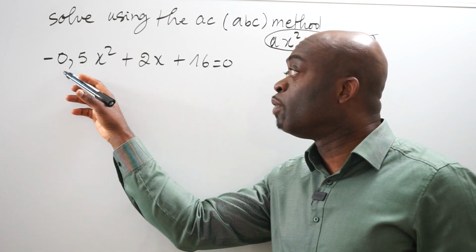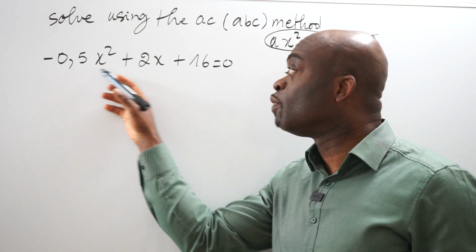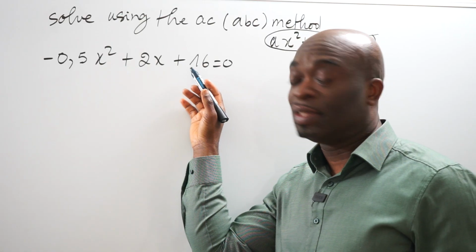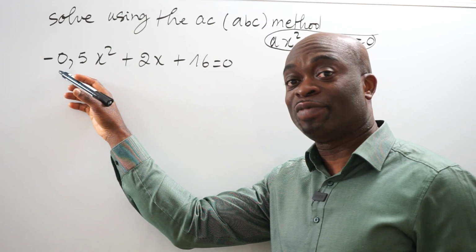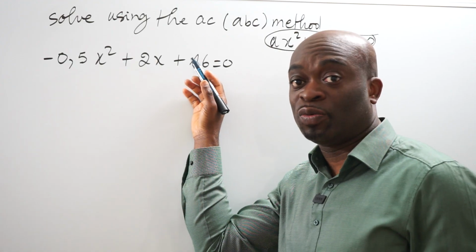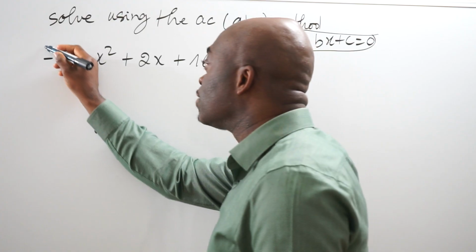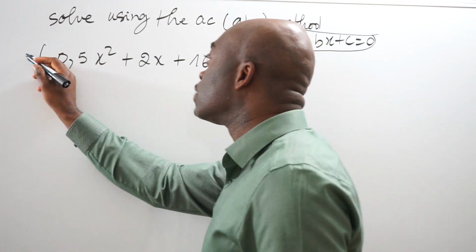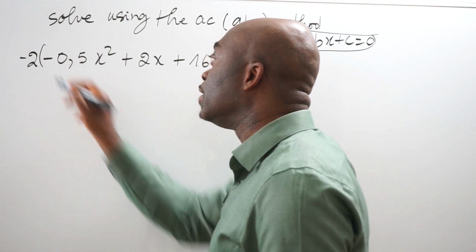So when you multiply by 2, that means you're multiplying everybody by 2. And in this case, because that's a negative 0.5, you can multiply everybody by negative 2. So let's try that and see. This one is times negative 2.